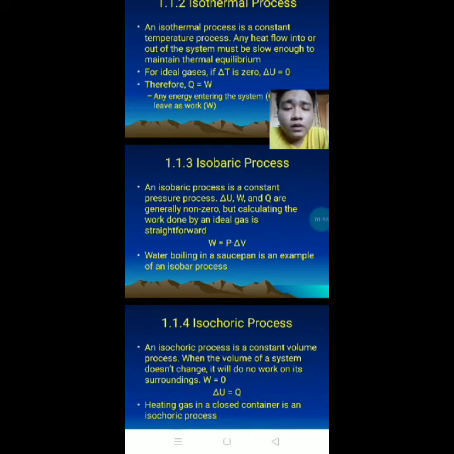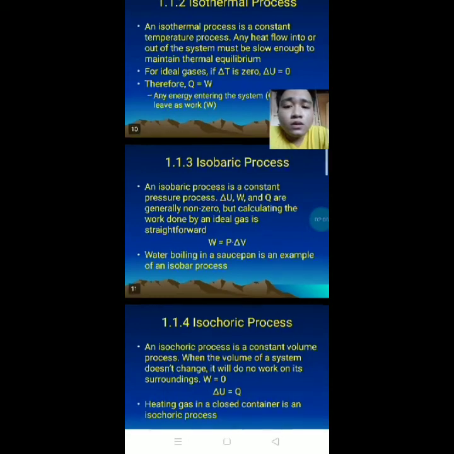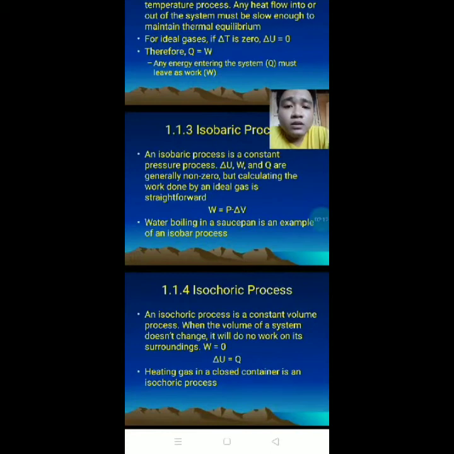For ideal gases, if ΔT is 0, then ΔU equals 0, therefore Q equals W. The energy entering the system as Q must leave as work W.